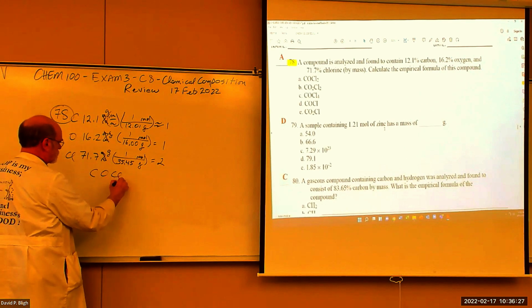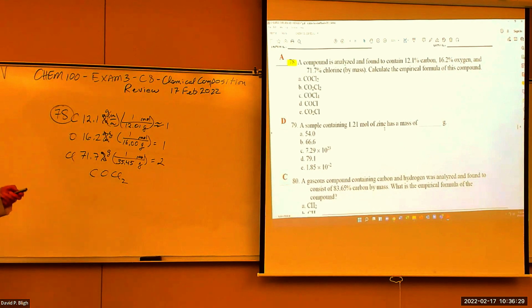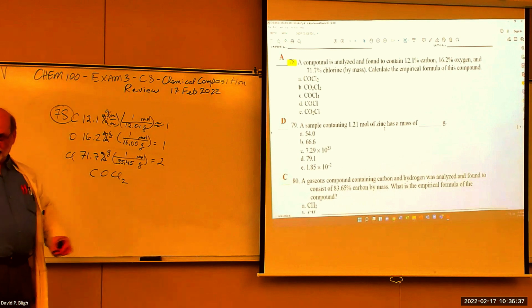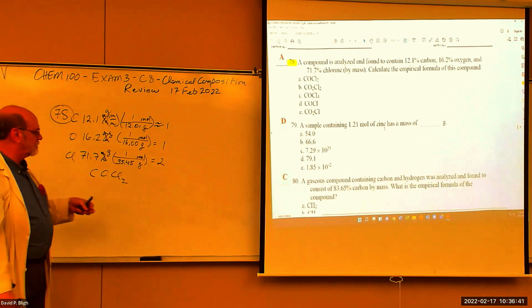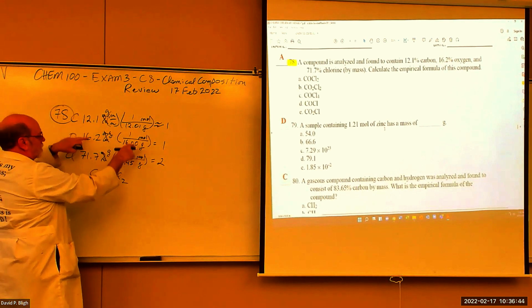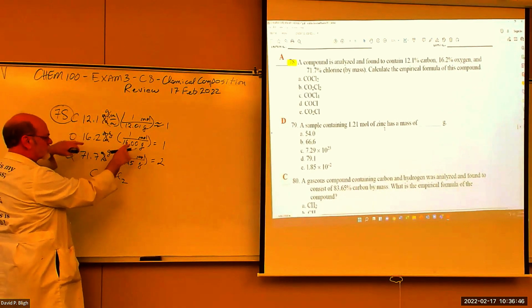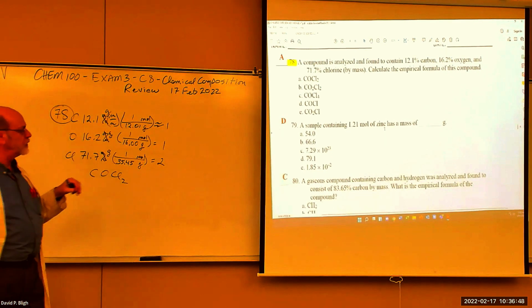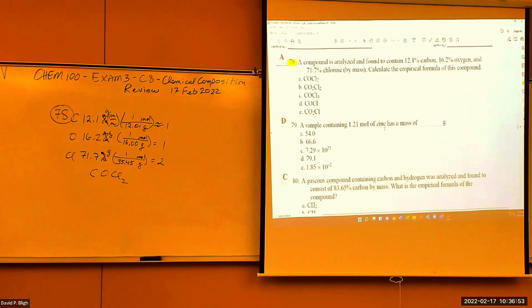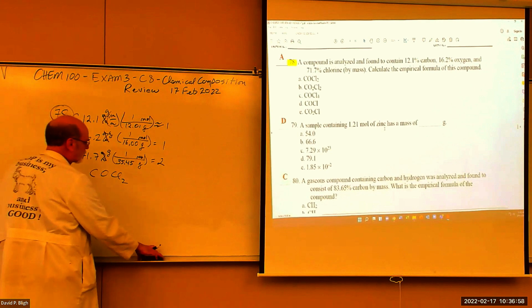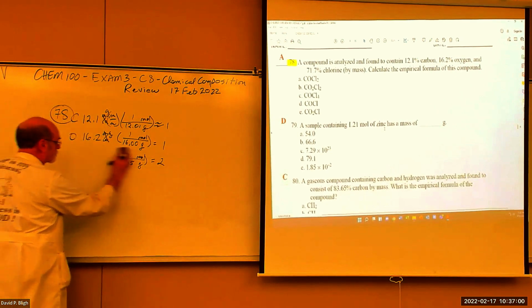Carbon, oxygen, chlorine. There it is right there. Now, I could have gone through the trouble of calculating these and then ratioing them, but I noticed right away that these were so close that it's going to lead us to this ratio anyway. And that just saves you time, especially if you're in a hurry on a test.